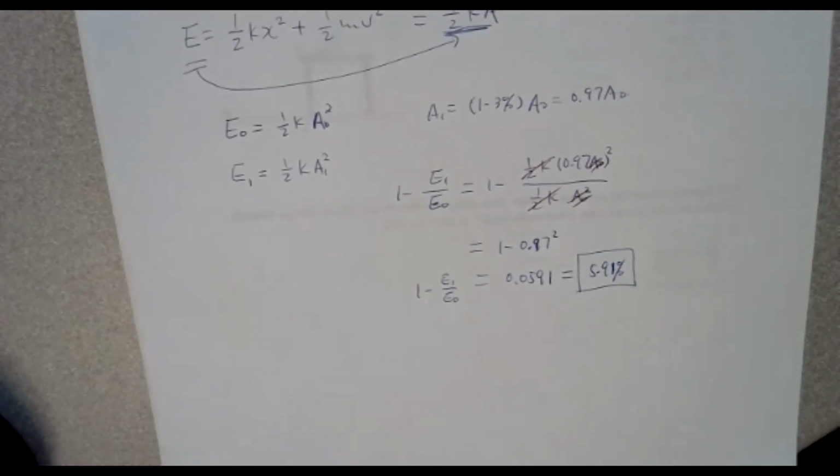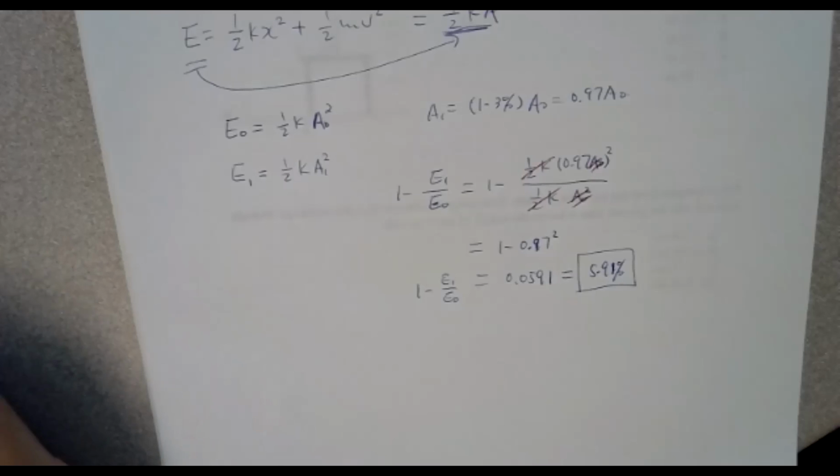You can also expect that after the second cycle it's not going to be 9% lost; it should be a little bit less than 9%, and so on, because the amplitude dies out not linearly but exponentially. You can let me know if you have questions.